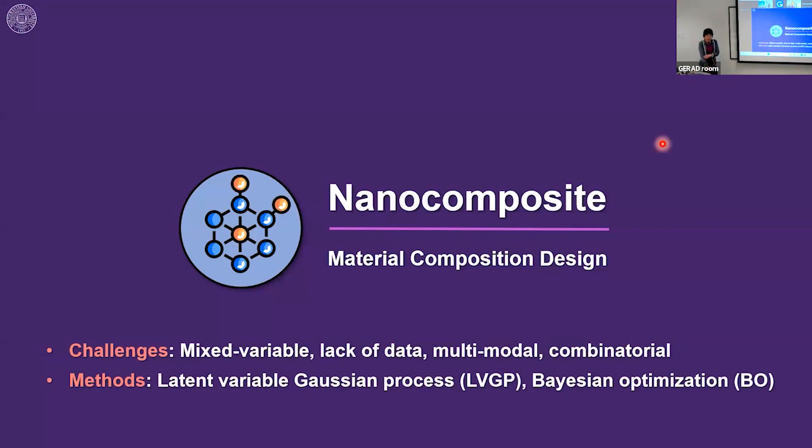For the nanocomposite design, the challenges are mixed variables, lack of data, some data coming from experiments, multi-model, and combinatorial. Combinatorial means there are many different possible combinations. The methods I'm going to introduce are LVGP, latent variable Gaussian process, as well as Bayesian optimization.